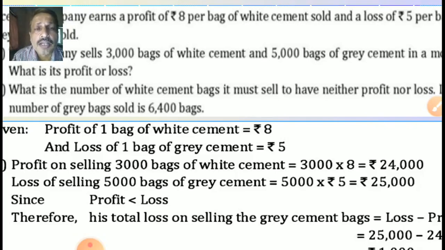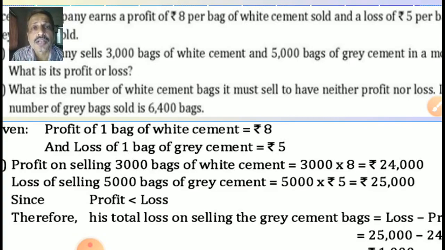So 5,000 into 5 gives us 5 5s are 25 and 3 more zeros, so 25,000. Which number is bigger? 24,000 or 25,000? Yes, 25,000, and 25,000 is a loss.